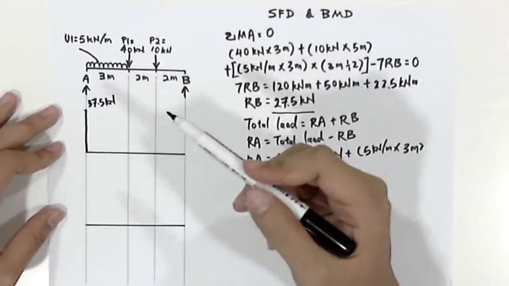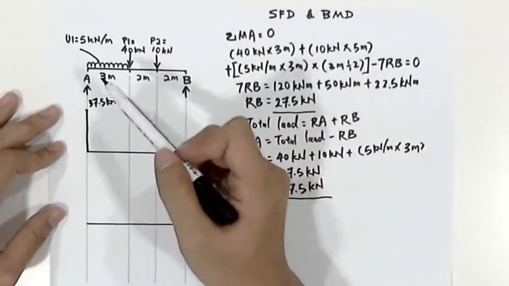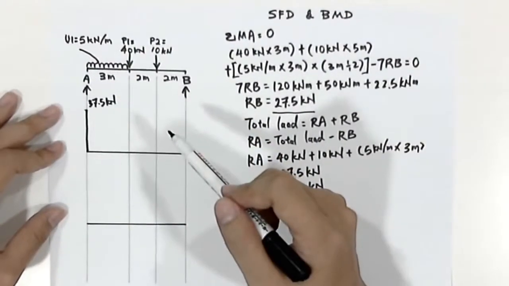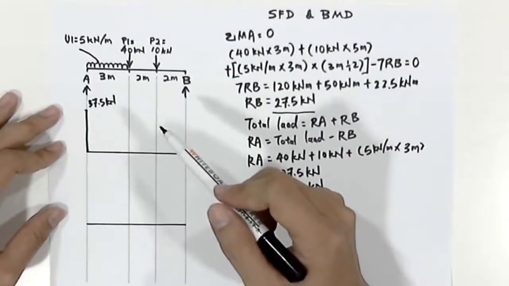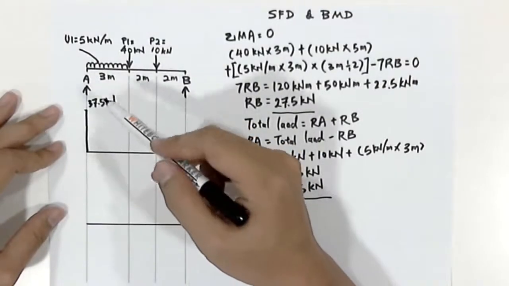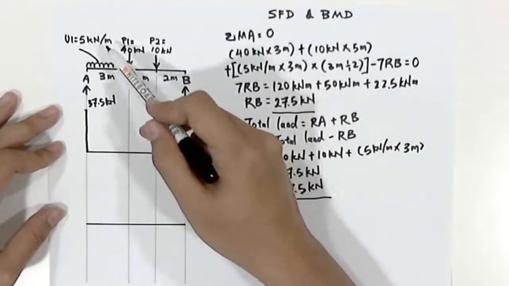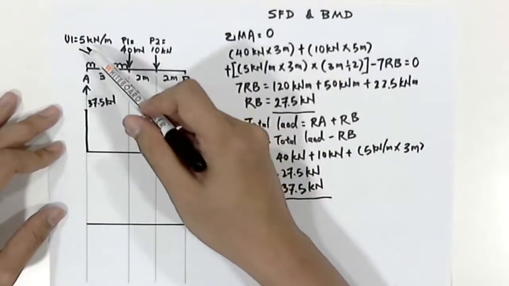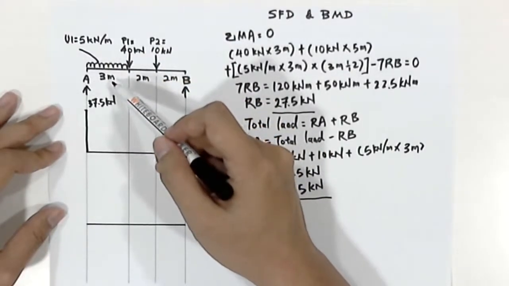So what happened here is that we have a uniform load of 5 kilonewton per meter. What this uniform load will do to the shear force is that it will create a force of 5 times 3 meter.